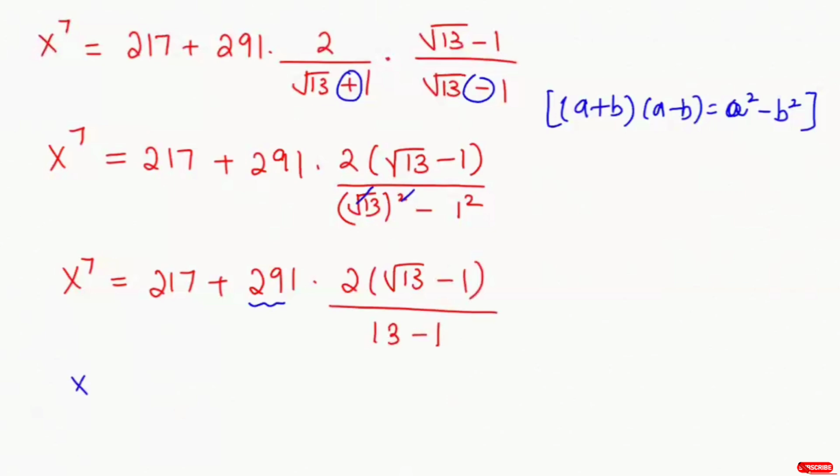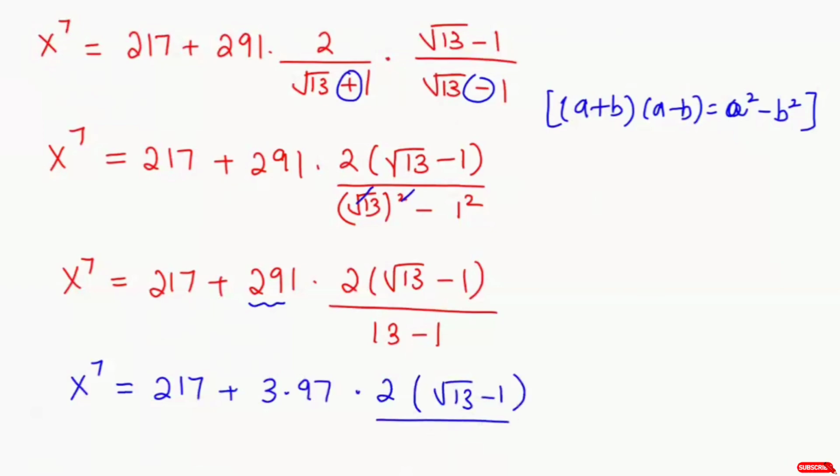The next step, I'm going to spread this 291. So I'm going to write x to the power of 7 is equals to 217 plus 3 times 97 times 2 times root of 13 minus 1 over 12 is remaining. The next step, I'm going to multiply this 3 with this 2.